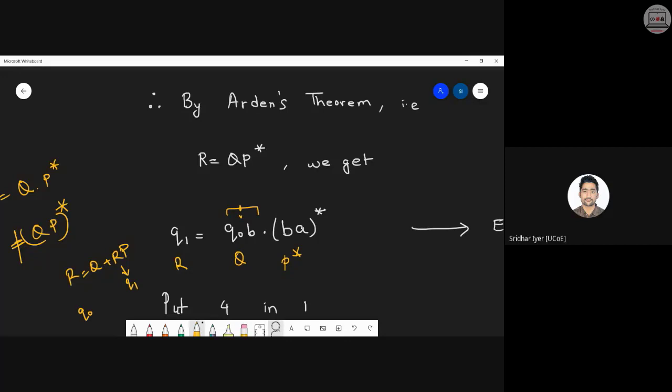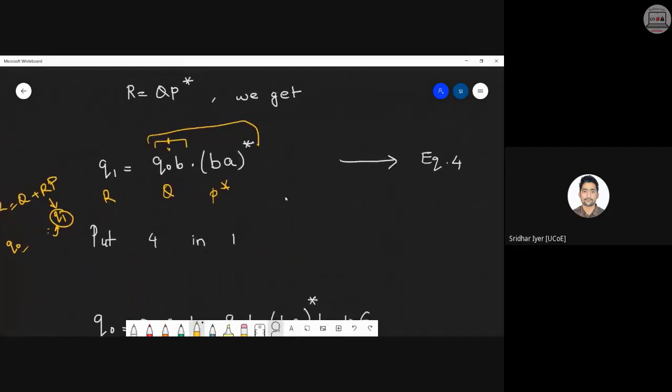Are you understanding what I'm trying to say? I can substitute this Q1 with this entire equation so that the first term becomes Q0, and then we can apply R is equal to Q plus RP. Is it clear? I'm repeating once again. Basically, we have to make R is equal to Q plus RP, so try to find an equation which has Q1 over here. Why so?